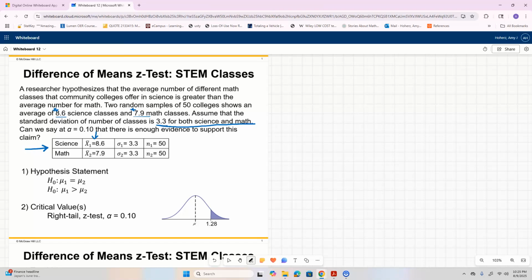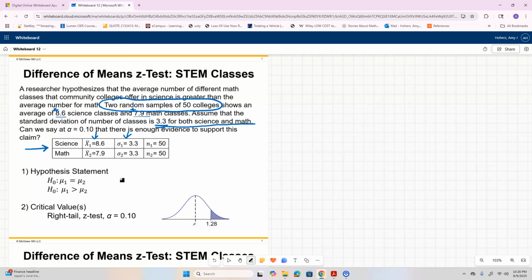It said that our population standard deviation is 3.3 for both of them. So we have sigma sub 1 is 3.3 and sigma sub 2 is 3.3. And then it also says 2 random samples of 50 colleges. So N sub 1 and N sub 2 are both 50.